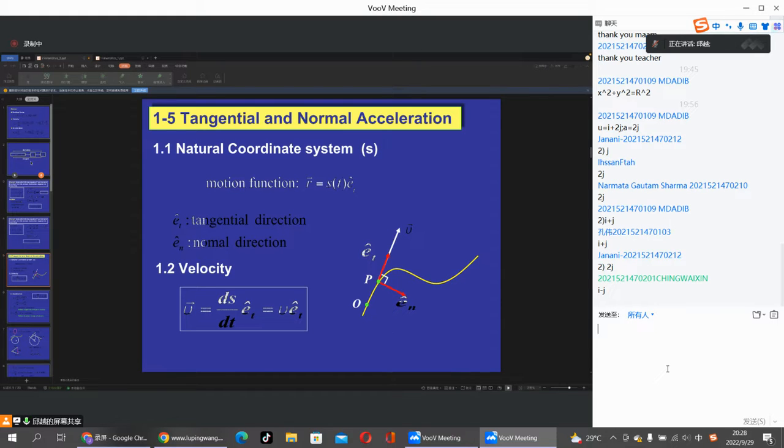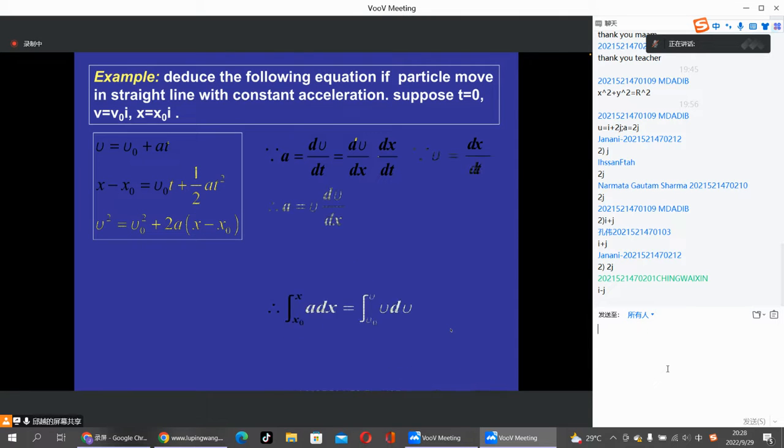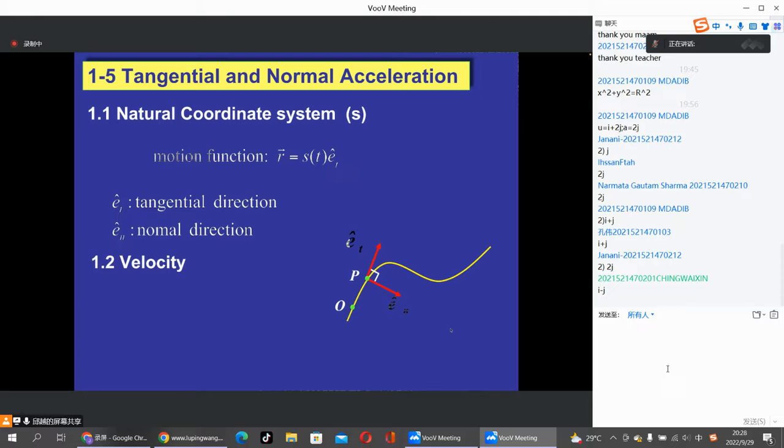The unit vector e is always on the tangential direction of the natural coordinate system.